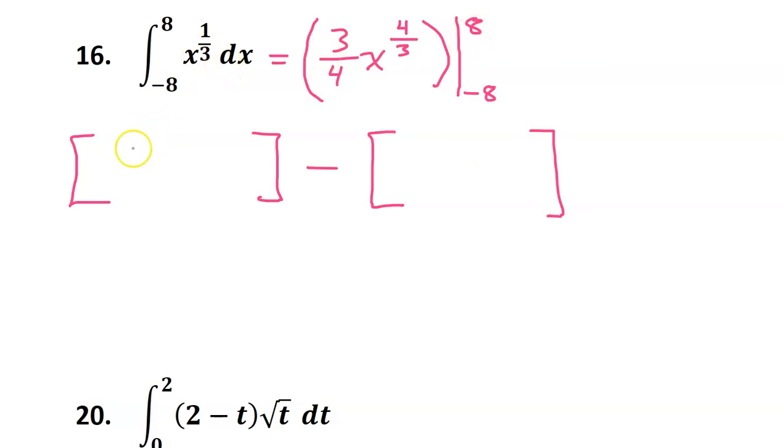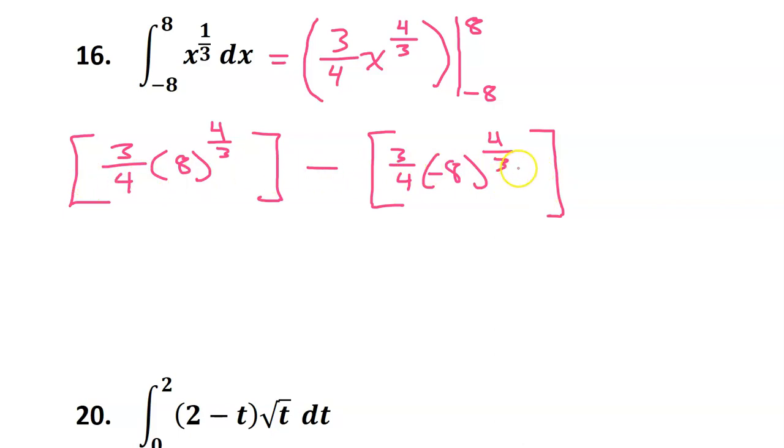So starting with the upper limit, we are looking at 3/4, 8 to the 4/3 power, and then minus 3/4, negative 8 to the 4/3 power. So again, this is an acceptable answer to a free response question. You could leave it just like this.